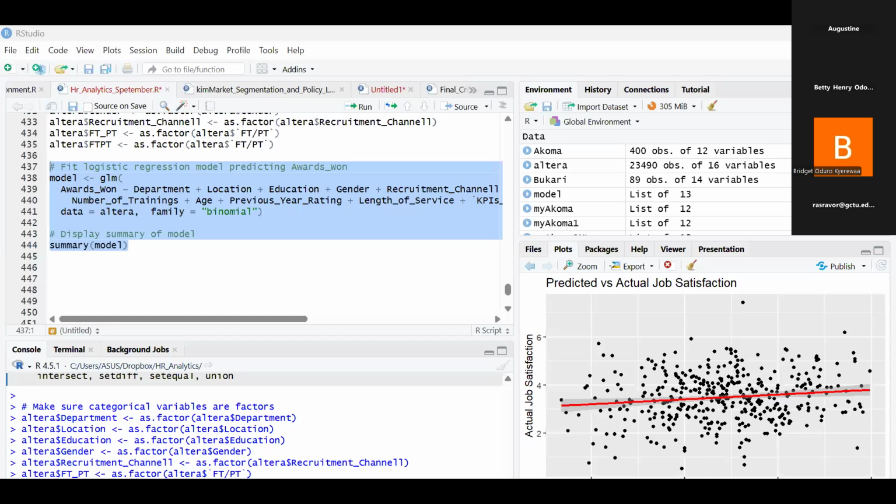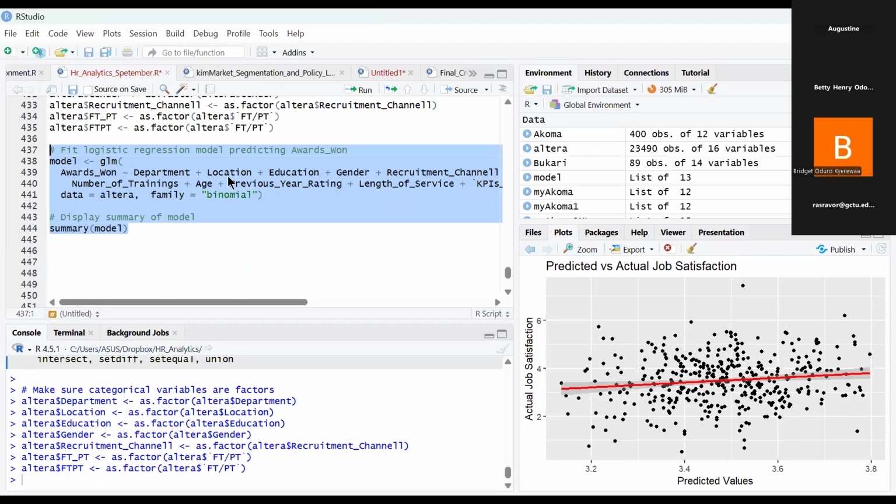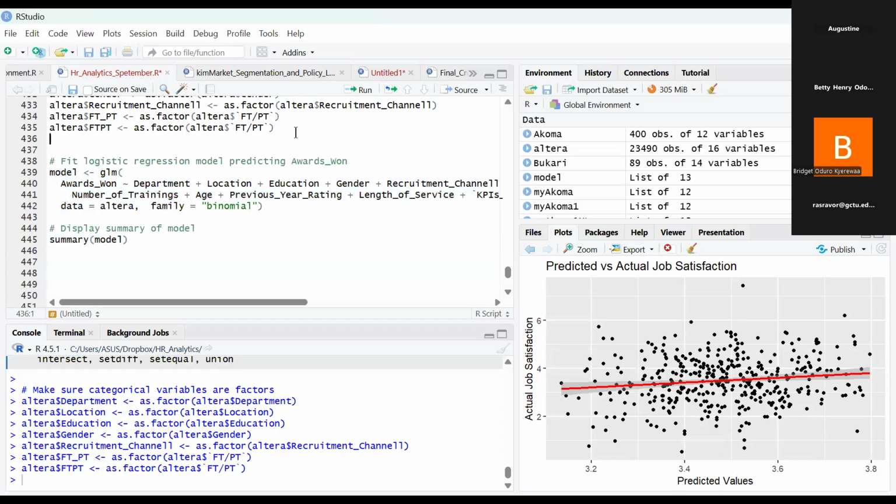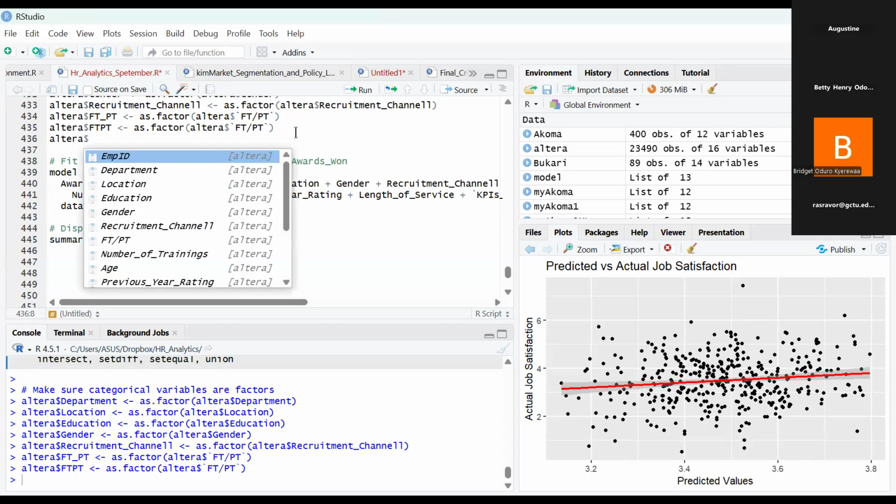So to make it compatible, you need to type. So for example, Altera, I want to make it recruit.